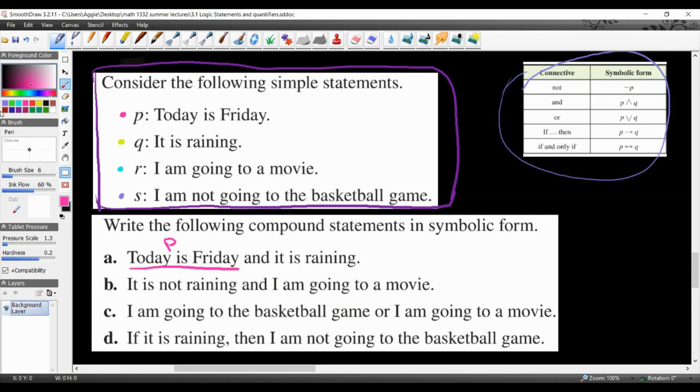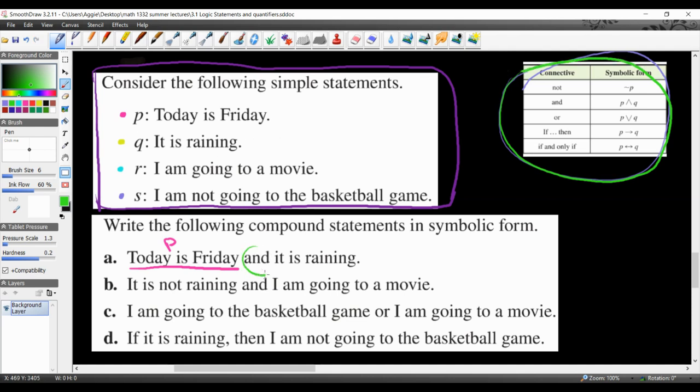And it is raining. So I have a connector. Oh, let's not use that color. I'll use green for the connectors. So I'm going to use green for this part. That way you can see what I'm talking about.